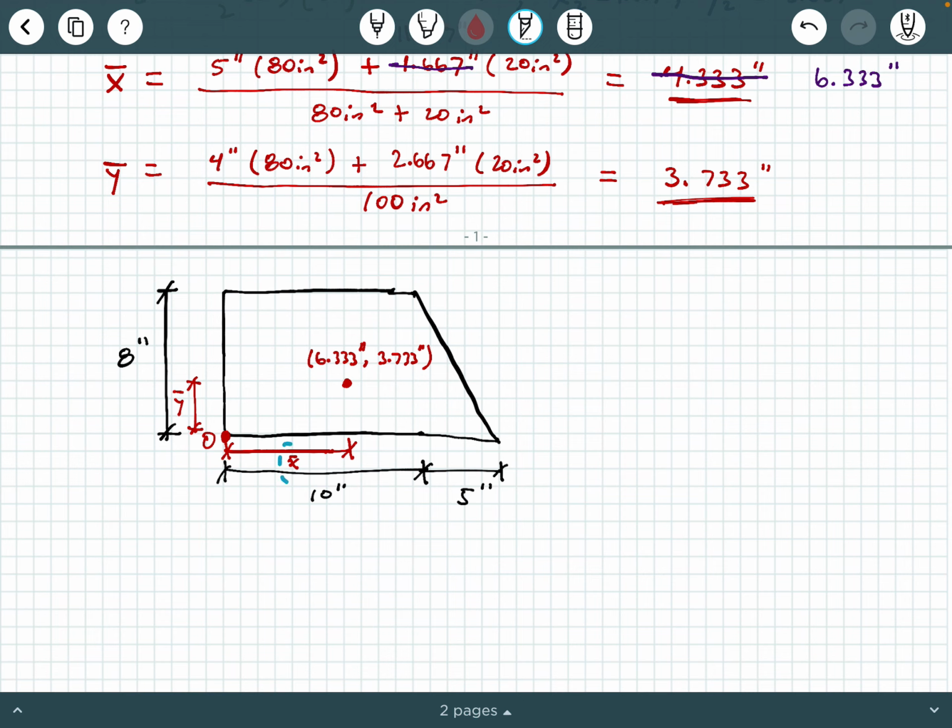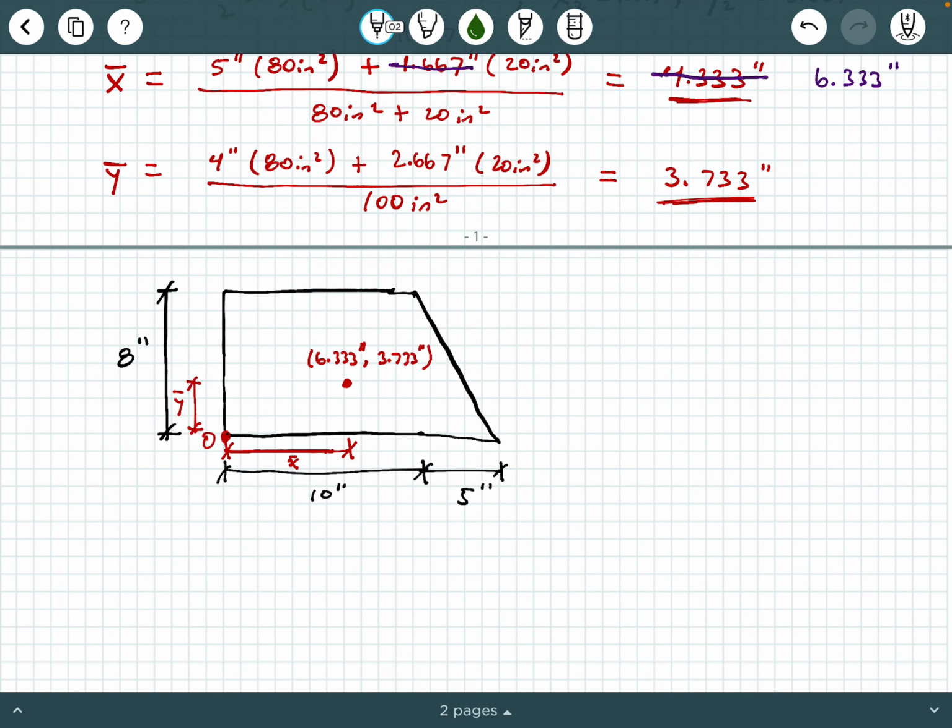And notice X bar being 6.33 inches is a little bit closer to the origin than the halfway point of this entire base. This entire base is 15 inches long, so the halfway point of the entire base is 7.5 inches. Notice that 6.33 inches is less than 7.5 inches.